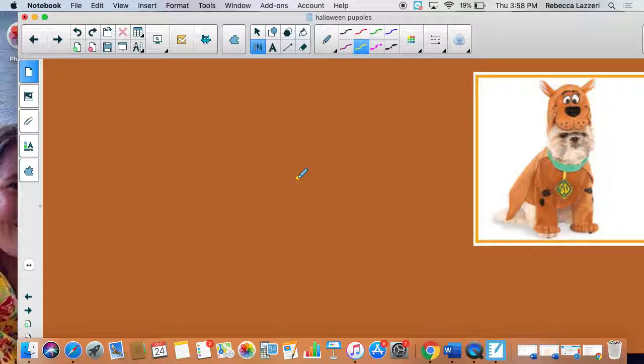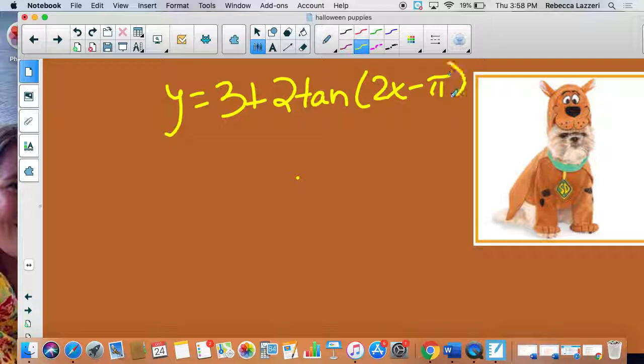So if we have y equals 3 plus 2 tan(2x minus pi). Alright, so the stretch is like the amplitude, 2, the period is pi over 2.